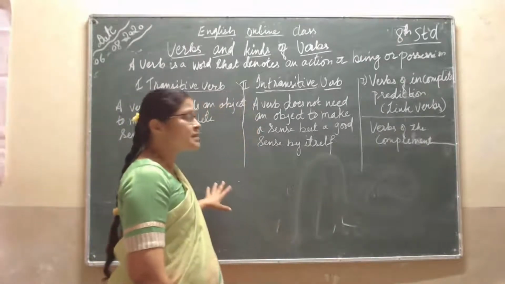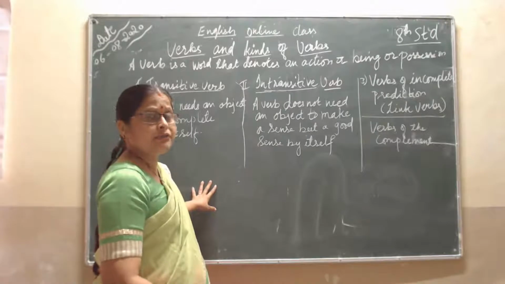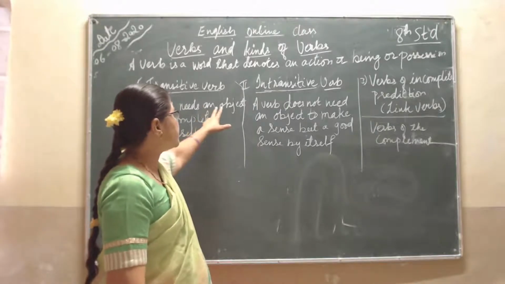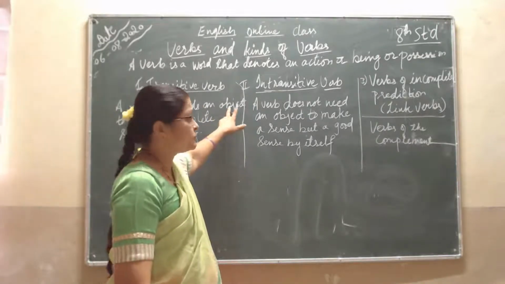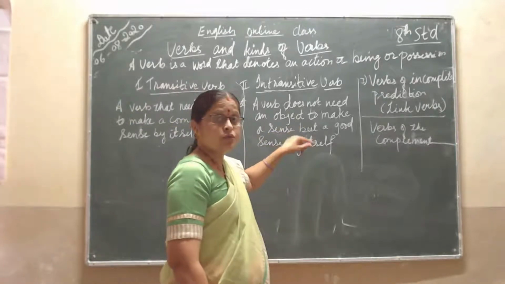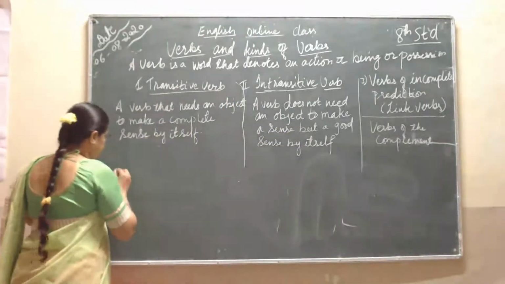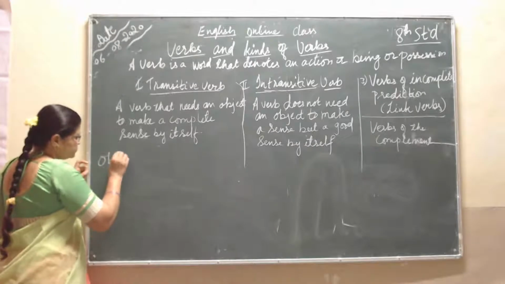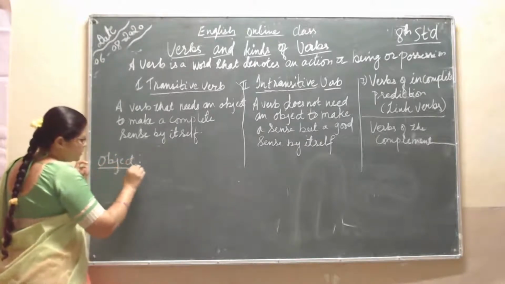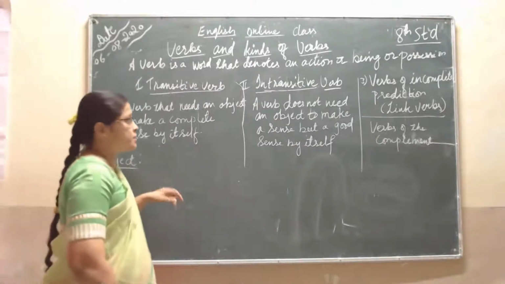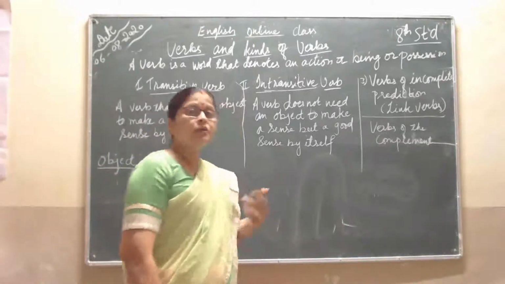Okay, now I will give some examples for the transitive verbs, intransitive verbs, and the link verbs. But before giving those examples, I want to make clear what an object is.